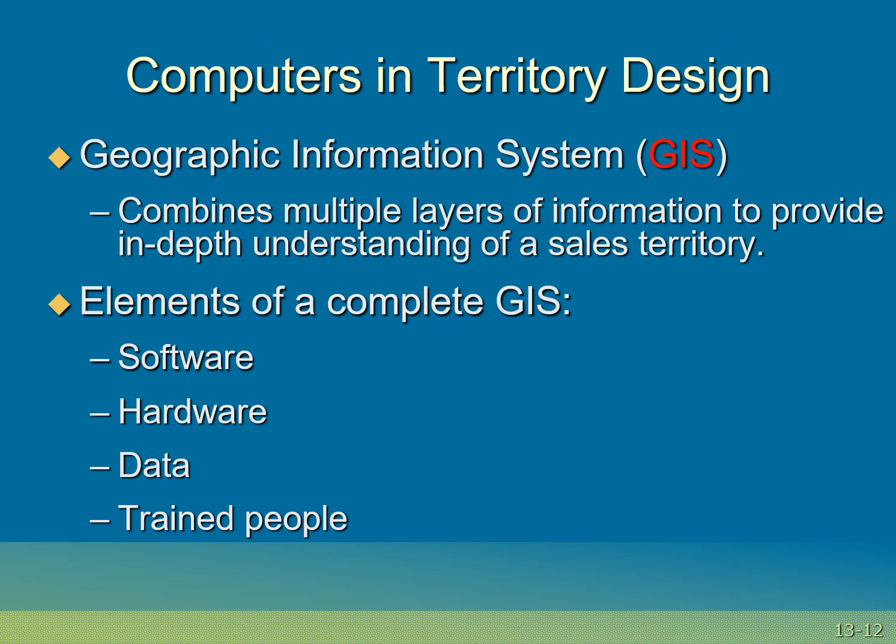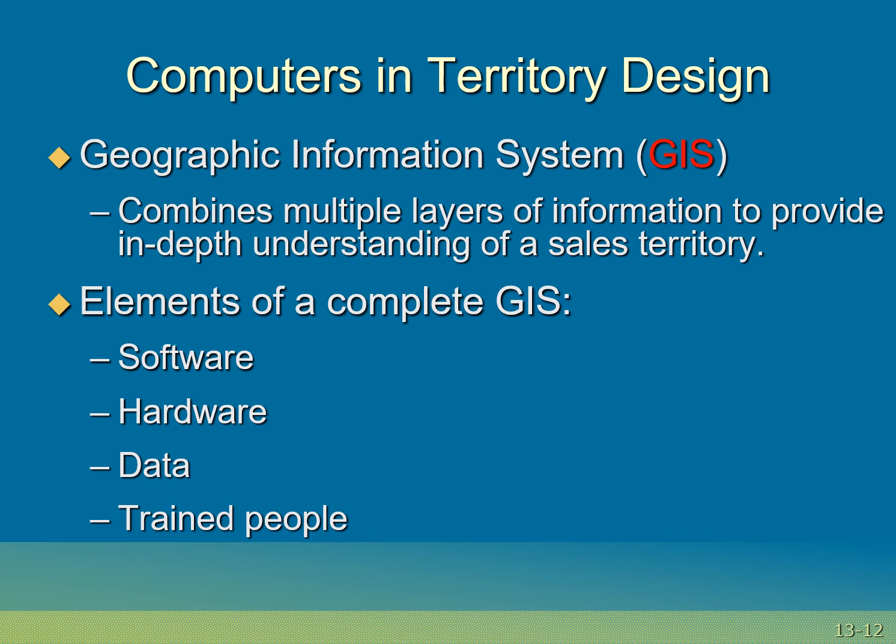Now, computers in territory design. Computers are very helpful, of course, in territory design. Geographic Information System, or GIS, is used. You can use GIS to help with your territory design. It combines multiple layers of information to provide an in-depth understanding of a sales territory.